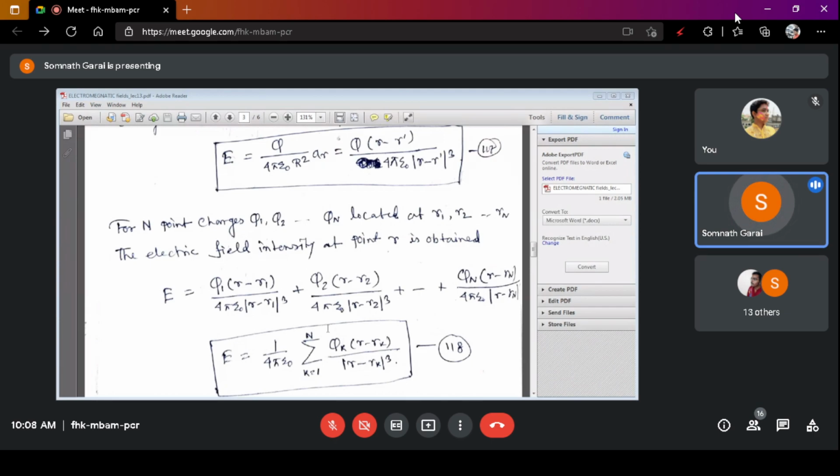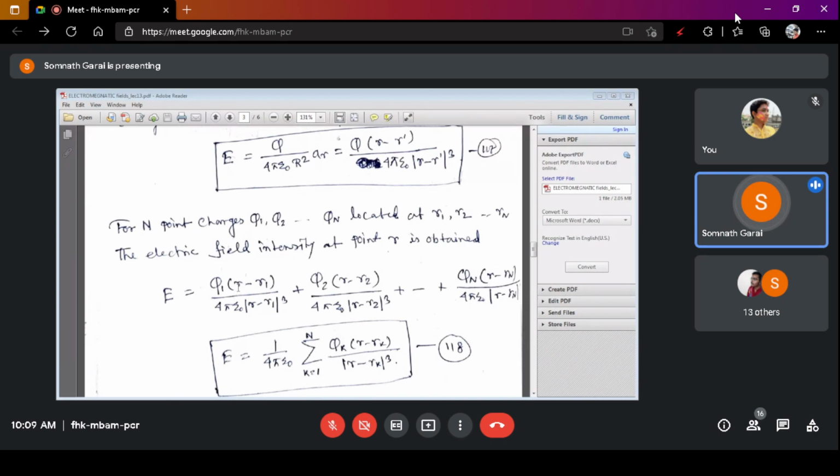So, if we calculate the electric field intensity for Q1, then the formula will be Q1 into R minus R1 divided by 4 pi epsilon naught mod R minus R1 cube, from equation number 117, right?